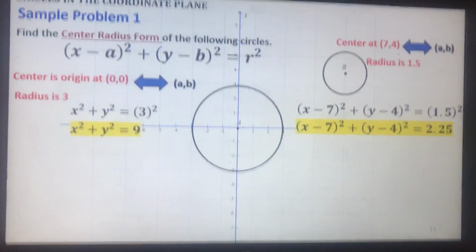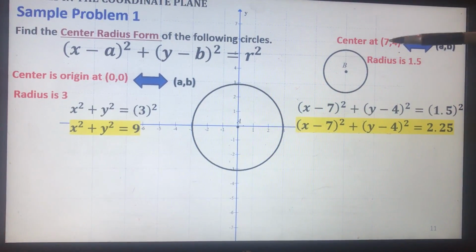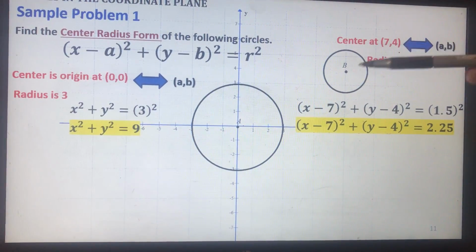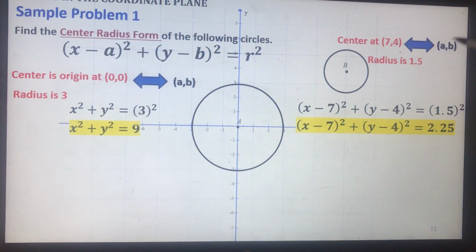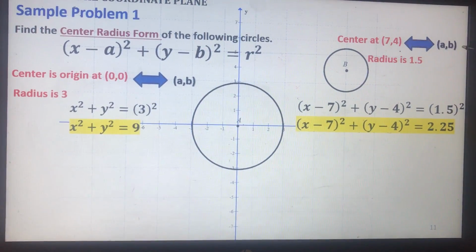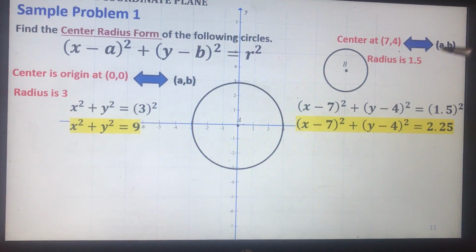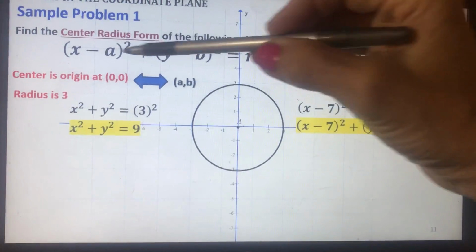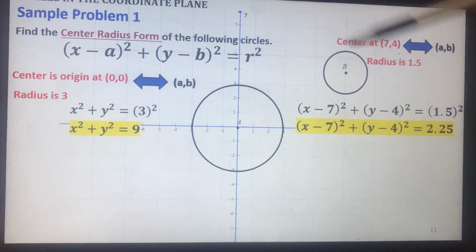Now let's look at the second part of our sample problem 1. Instead of the center being at (0, 0), the center is located at (7, 4). So in this case, a would be 7 and b would be 4. They're also telling us that the radius is 1.5. We substitute into our equation: x minus a changes to x minus 7 because we substitute a for 7.